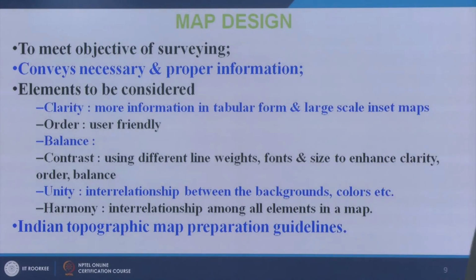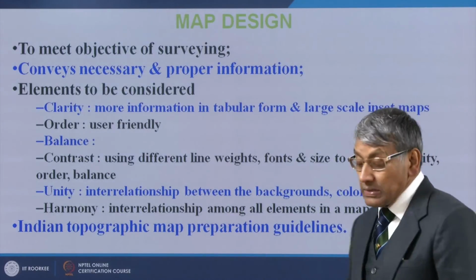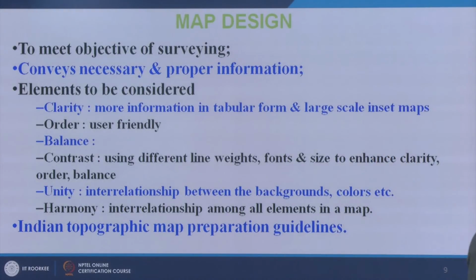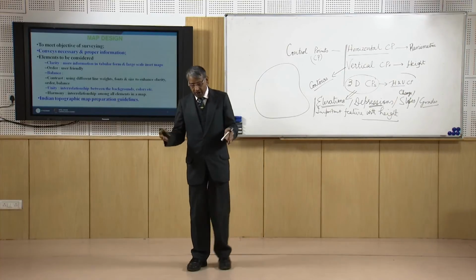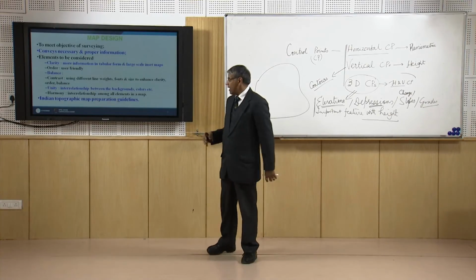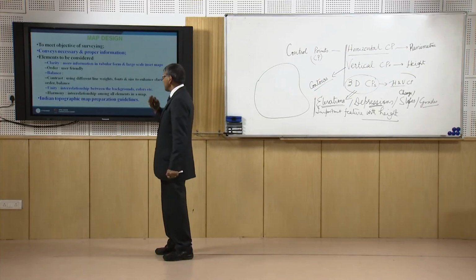The map content should be in proper order, that means it should be user friendly. It must be balanced, that means no portion of the map should be more prominent than others, so that the user feels comfortable making use of all parts of the map equally.